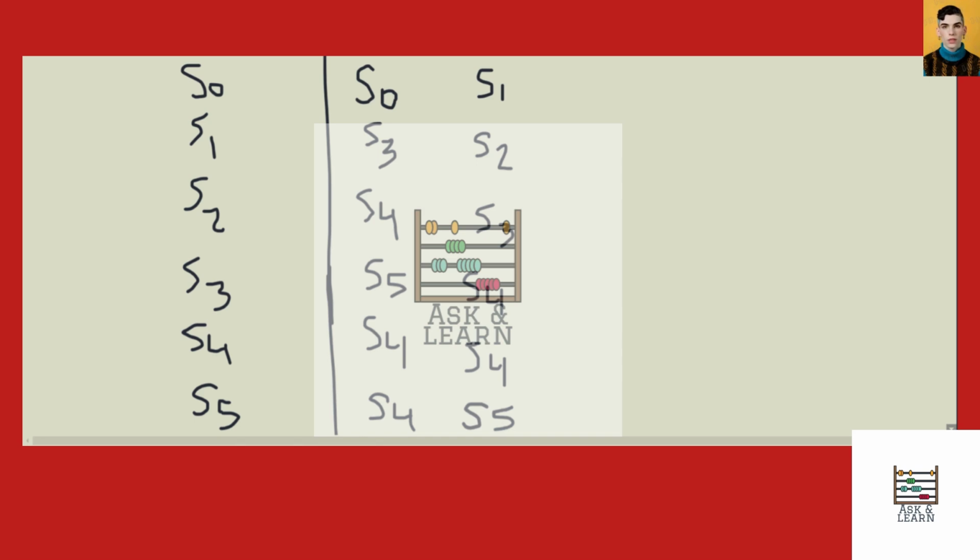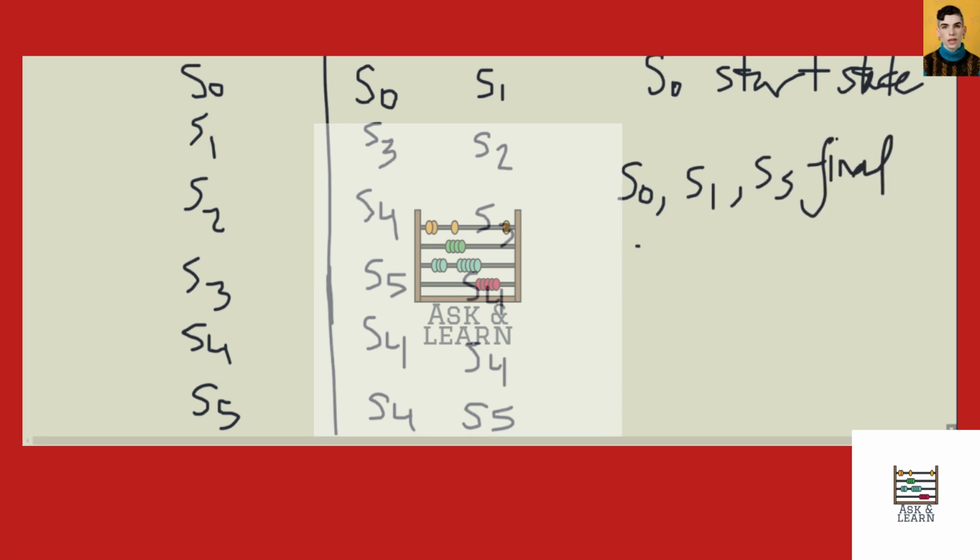Now we see that S0 is marked as the start state. We also see that states S0, S1, and S5 are all circled twice. So these are the final states. So a string is going to be recognized by the automaton if we end at state S0 or S1 or S5.